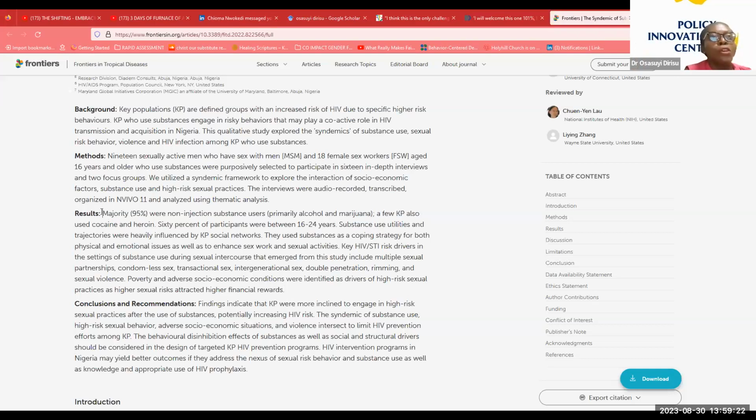So you start your results by giving us that summary demography, which is what you can see here. So the majority, in bracket 95%, were non-injecting substance users, in bracket primarily alcohol, and then a few. So you are now bringing those results. What were the ages? You talk about that of people in this demography from what you found.